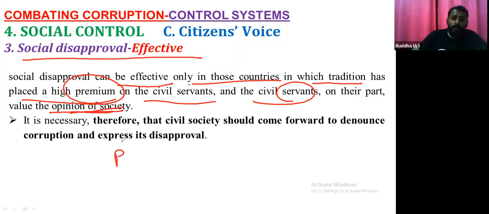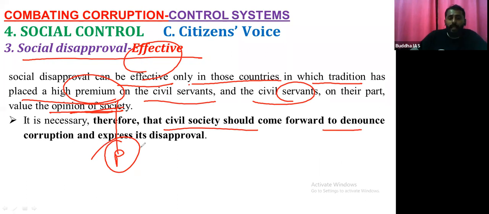When the people have great respect, reverence for civil servants, and also the civil servants respect the opinion of the people, then it will be effective. It is necessary, therefore, that civil society should come forward to denounce corruption and express its disapproval. Until and unless this happens, democracy cannot work smoothly.